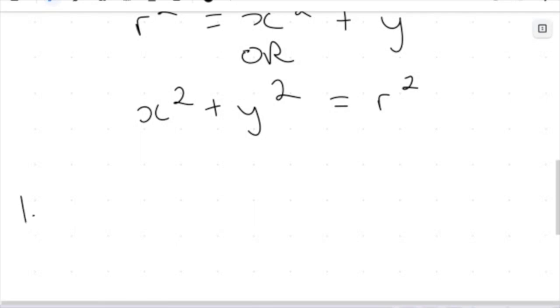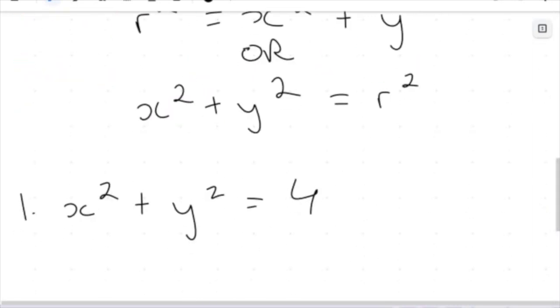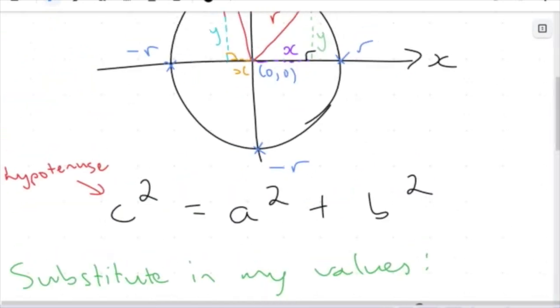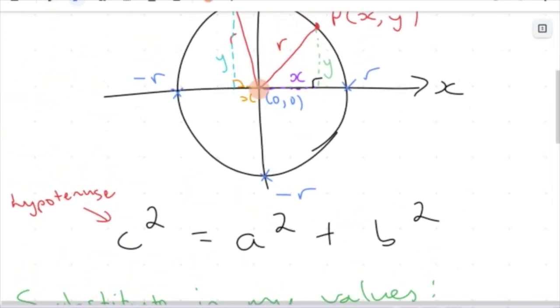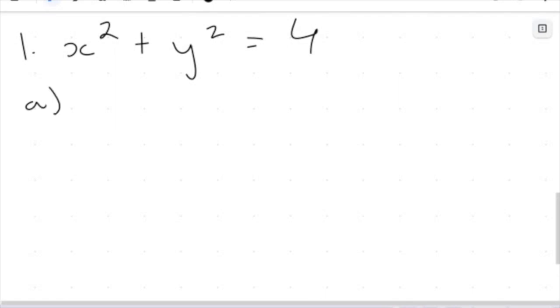So we have an equation of x squared plus y squared equals 4. Now, for all circles in this particular form, there are no actual horizontal or vertical shifts happening. So when we plot this, this is for a circle with the center at the origin, at this point 0, 0. So for part A, we want the coordinates of the center.